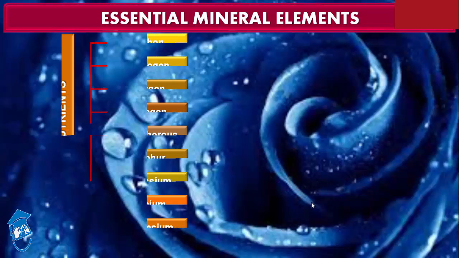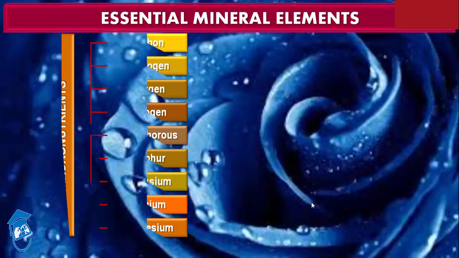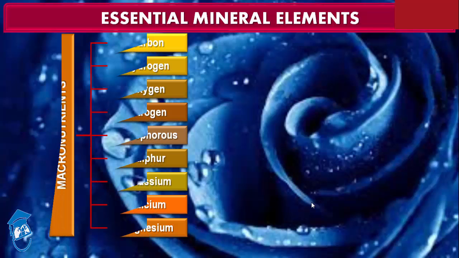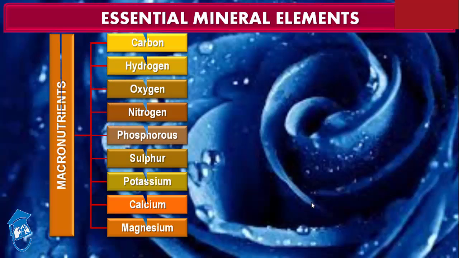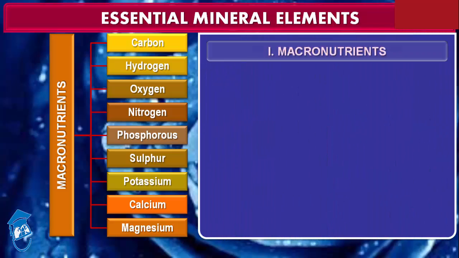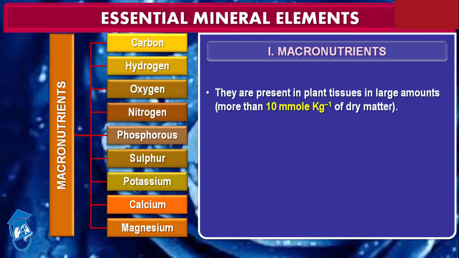So these are the essential mineral elements: carbon, hydrogen, oxygen, nitrogen, phosphorus, sulfur, potassium, calcium and magnesium. These are the macronutrients, present in plant tissue in large amount, more than 10 millimole per kg of dry matter.